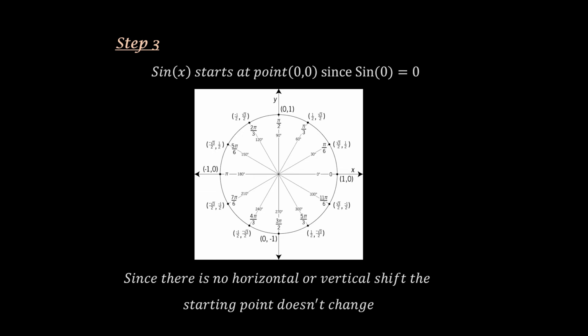We can also use the unit circle to help us understand this. Remember, for the unit circle, the y-coordinate is representative of sine of our angle. So what is sine of 0 degrees? Well, it's 0. That means sine of 0 degrees equals 0, and our starting point is at 0, 0.